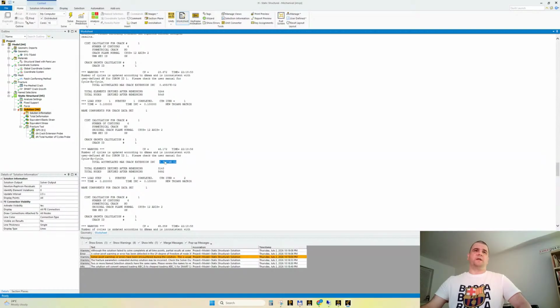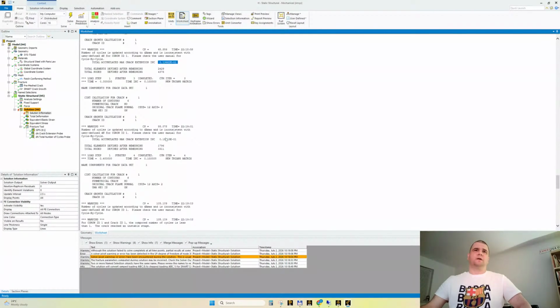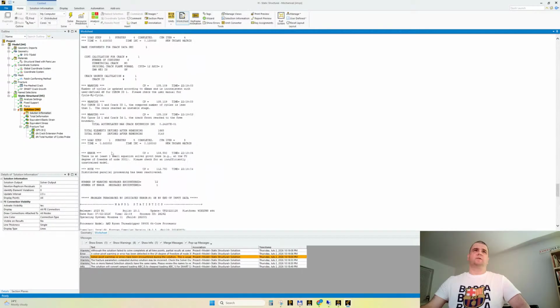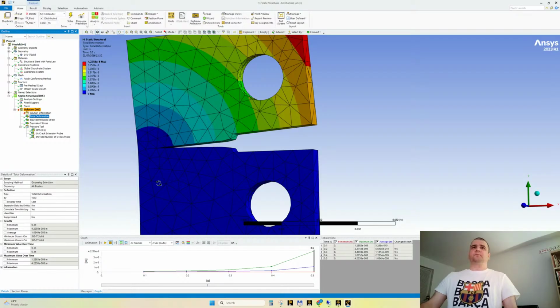So when we have a non-zero value, whatever value here, then we have crack propagation. And it says, this is crack initiation, I think, C int, calculation for crack, number of contours, and it went for maybe five steps. Look here.